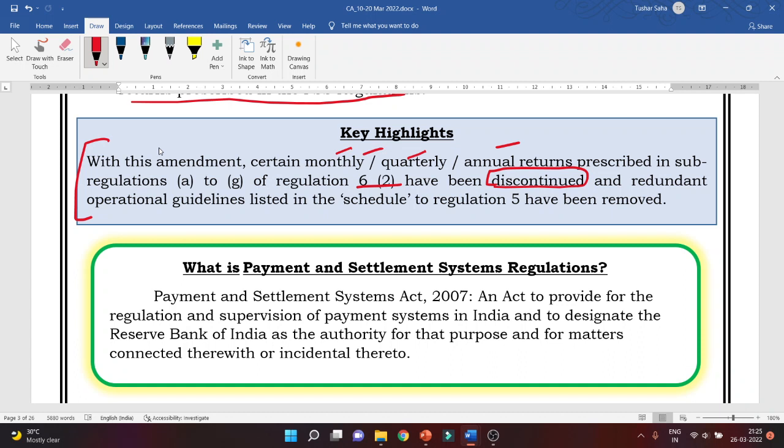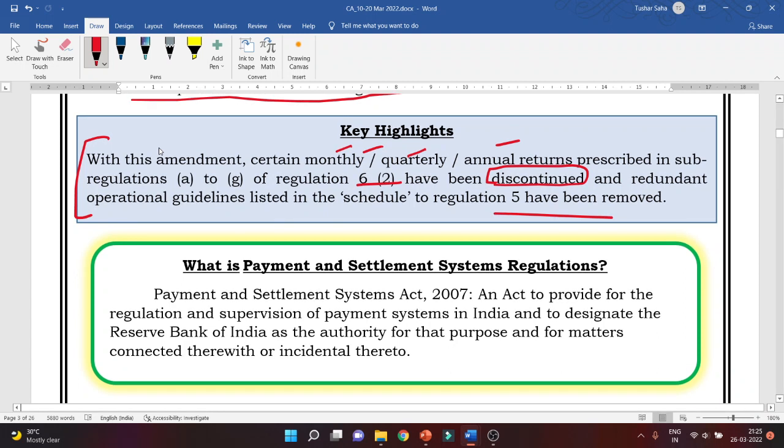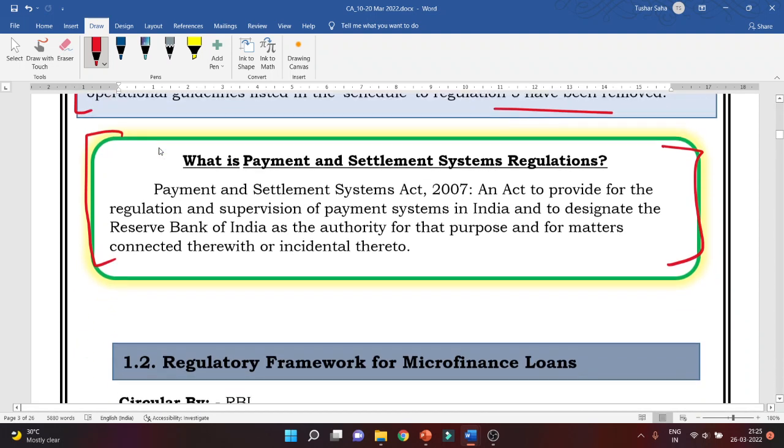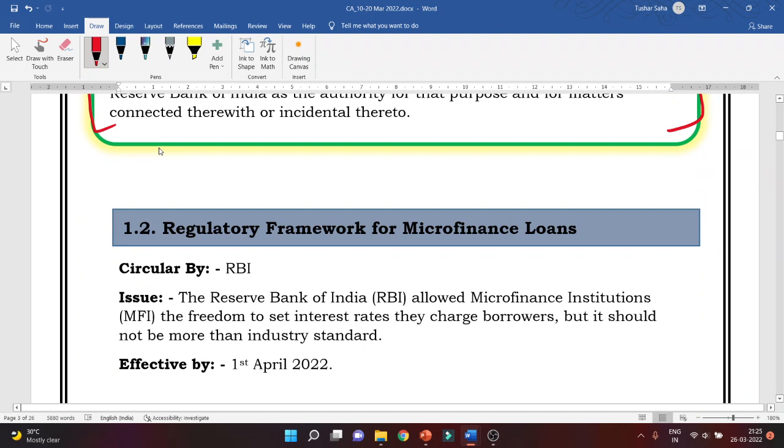Redundant operation guidelines listed in the schedule to regulation 5 have been removed. Very important short point which you have to remember. Now, what is the payment and settlement system regulation? As you all know, our current affairs material covers everything from the basic to current, and that is what you can obviously witness in this video.